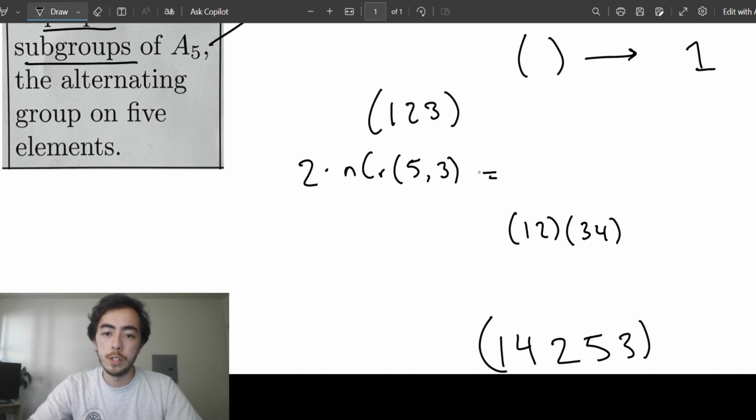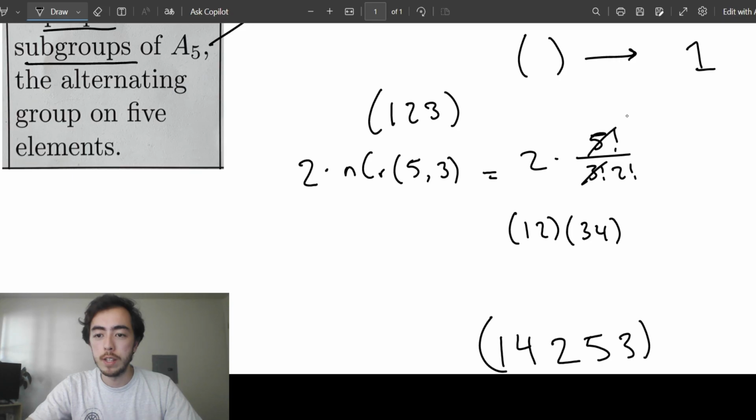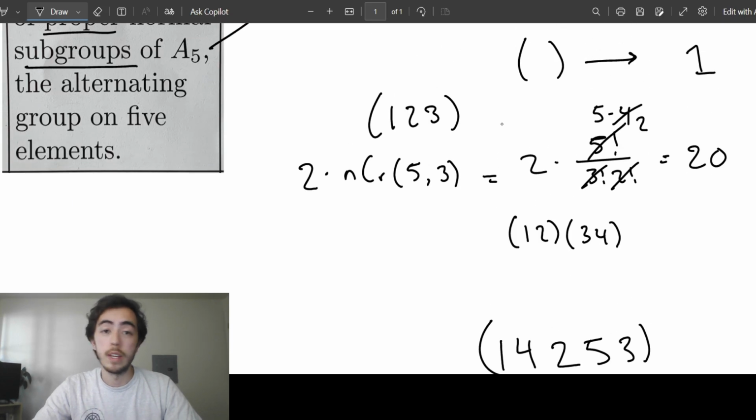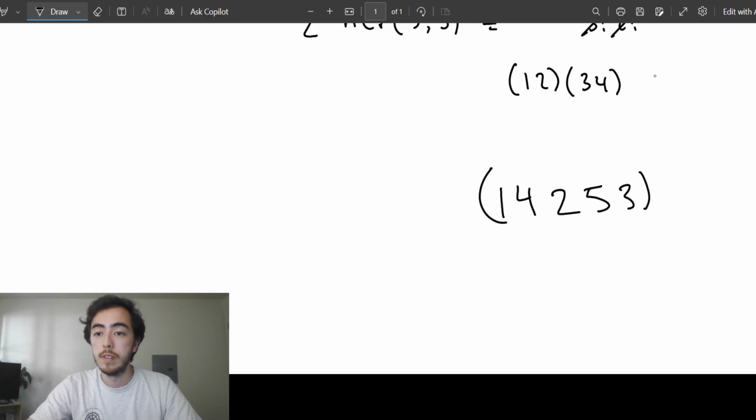The number of ways to choose 3 things from 5 objects, I'm just using the formula for the choose function right here. This 3 factorial can simplify with that 5 factorial. This is just the number 2, so I'll simplify that. And then I have 10 here times 2, that's 20. So we have 20 3 cycles that are in A5.